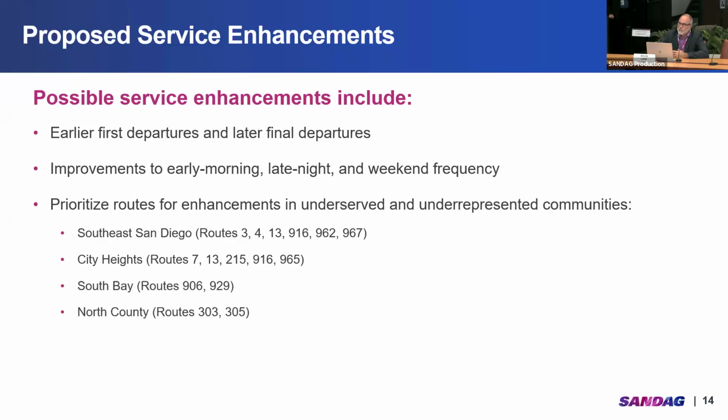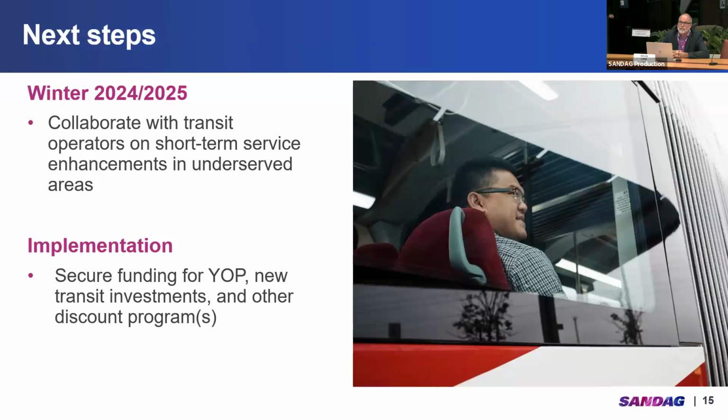I believe both MTS and NCTD, in the meantime, as you know, have been looking at increased funding, potentially with SB 125 and other things. We're looking at increasing services in these areas as well, and they're both planning increases when they can get the funding fully dedicated.